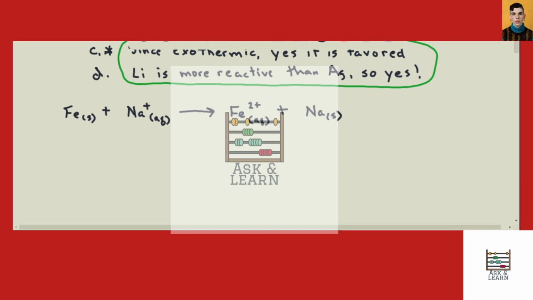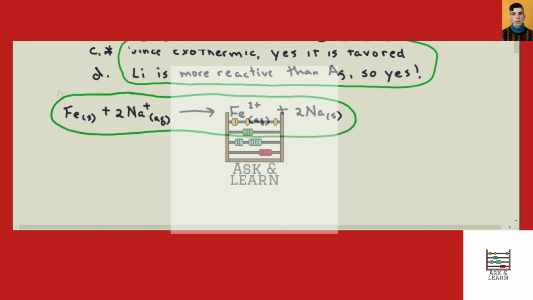We do need to balance this. It's an oxidation-reduction reaction. Since iron lost 2 electrons, we have to have 2 sodium, so each one can accept one of those 2 electrons for a total of 2. So that is our balanced equation.